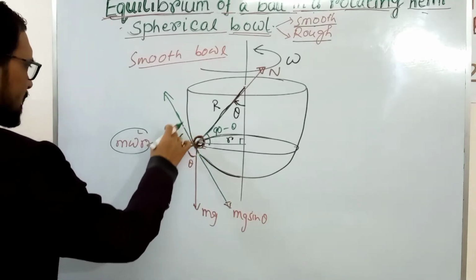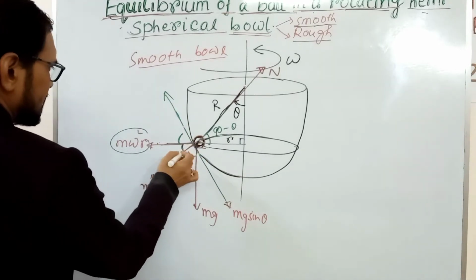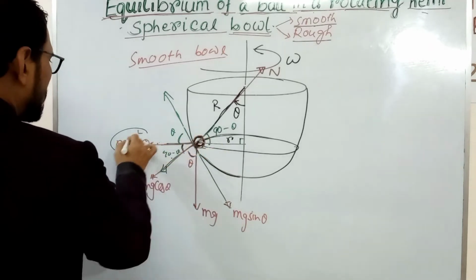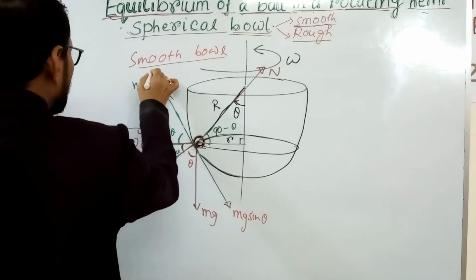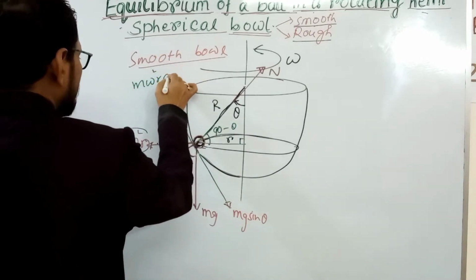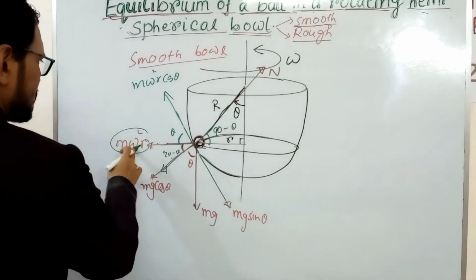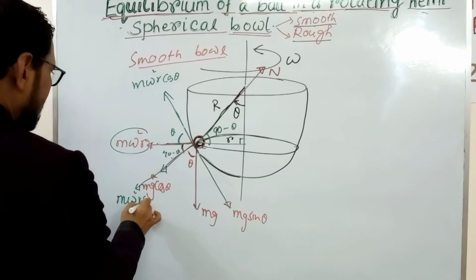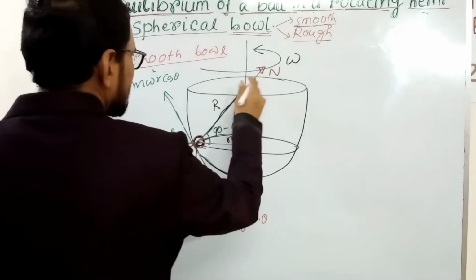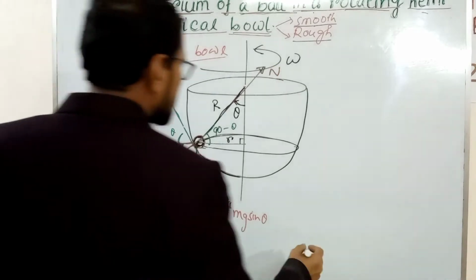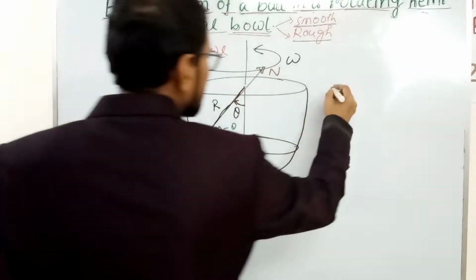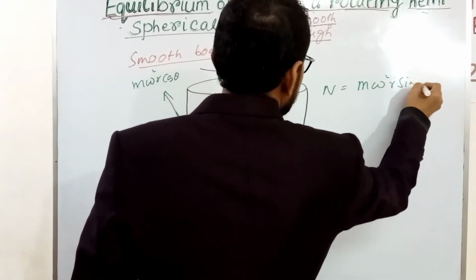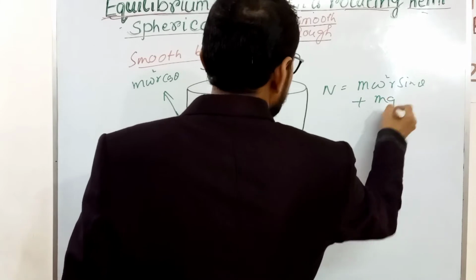So the component of this force along this is m omega square r cos theta, and in this direction the component is m omega square r sin theta. So normal reaction is N. Normal reaction equals m omega square r sin theta plus mg cos theta.